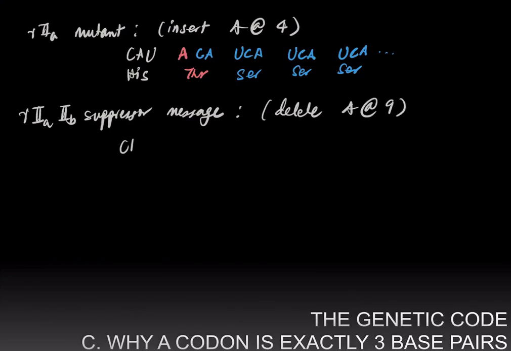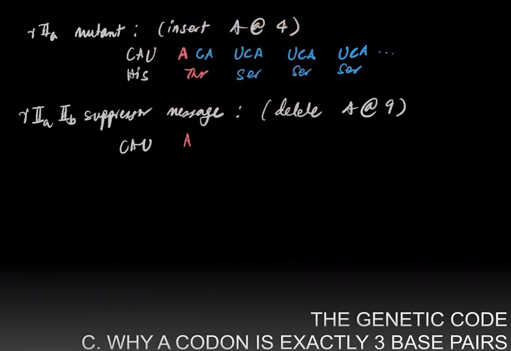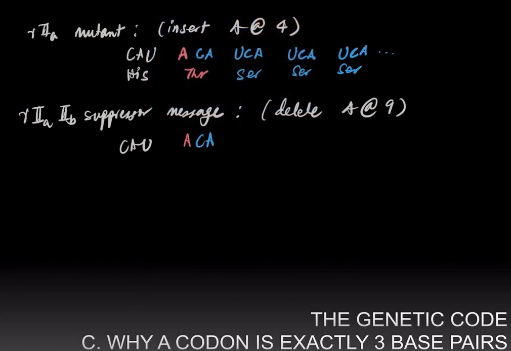Now our message becomes CAU. We have the first mutation, the insertion of the A, then CA, and then we have U, C, and the second mutation, which is a deletion of this A, and then the message continues U, C, AU, CAU, and so on.